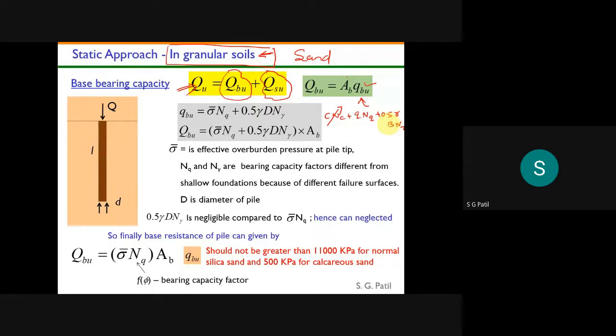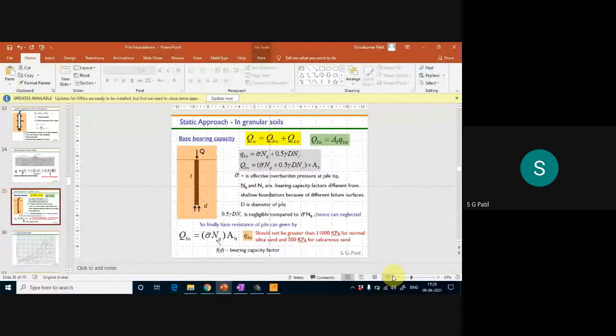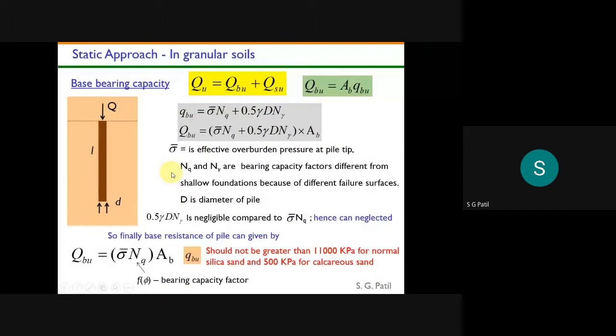Let me write here properly once again. So qu is equal to c Nc plus q Nq plus 0.5 gamma B N gamma, right?